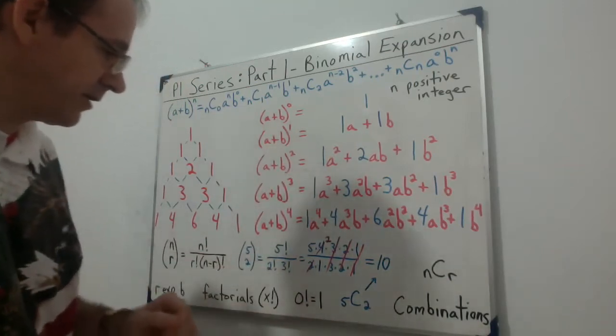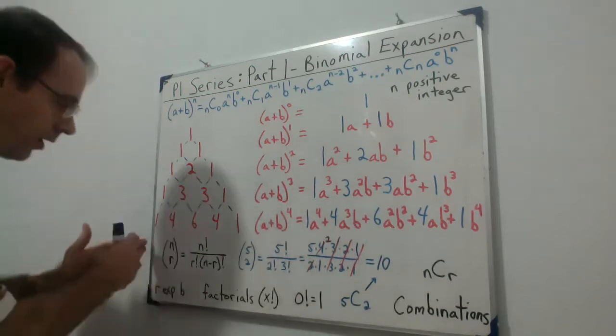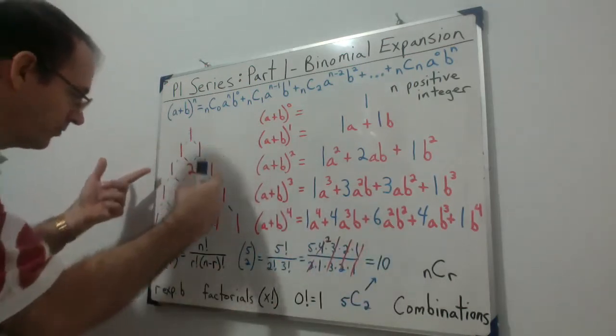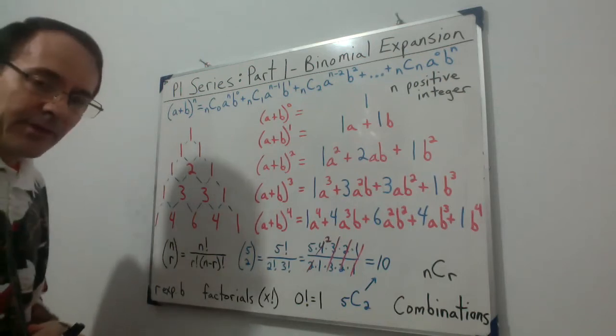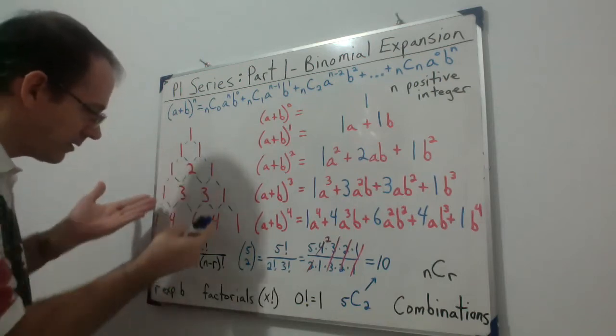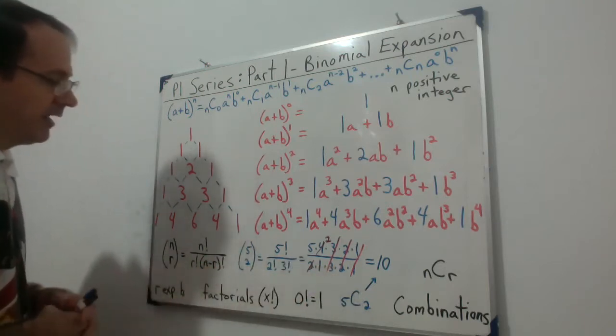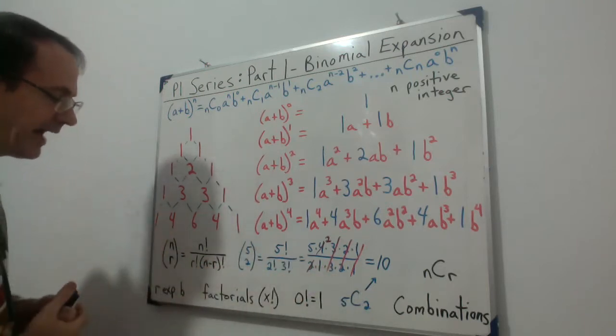So 0 factorial is 1. So all of this here relates to figuring out the coefficients using math. So let's go back to this again.